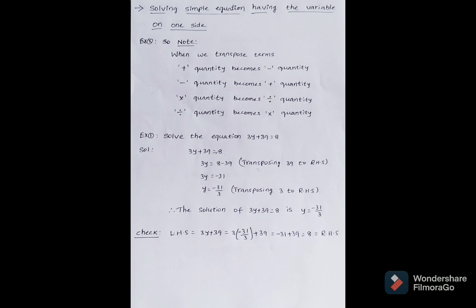Cancel 3. That equal to minus 31 plus 39. That equal to 8. That equal to RHS. We know in any equation LHS has to be equal to RHS. So the solution is right.